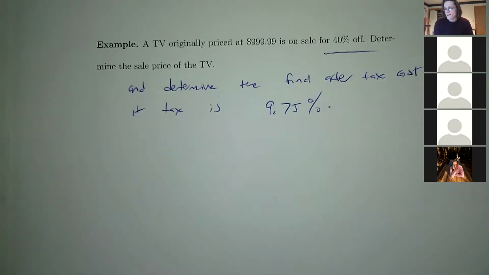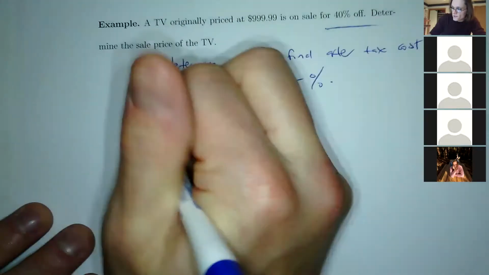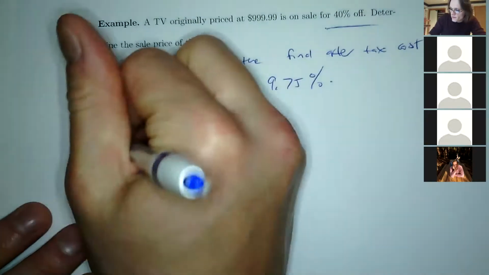I don't know if we've talked about this. How does anyone know how to remove 40%? I guess we can do it like taxes. So the direct way that I feel like most people would do it is you would compute 40% of $999.99 and then subtract it. And that's fine. So we'll do it that way. So I'll do the amount off.